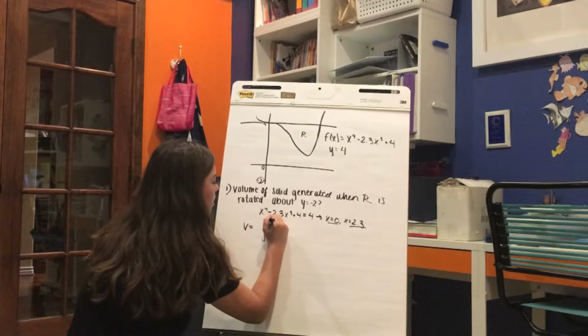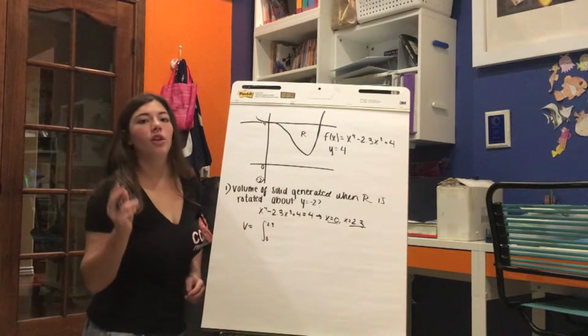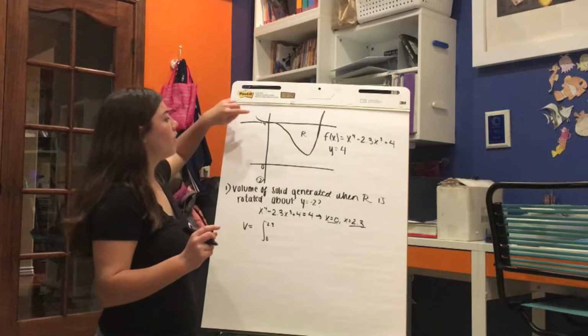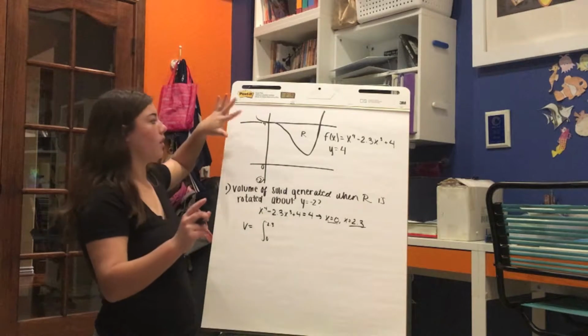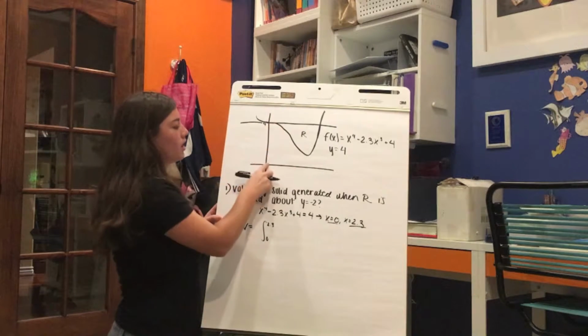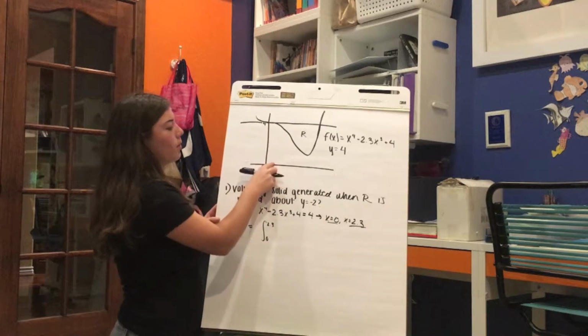from 0 to 2.3. And then you have to think about this next part conceptually. You want to think of 4 to the x-axis, like your graph's distance to the x-axis. And so from here to here is going to be rotated about the x-axis.